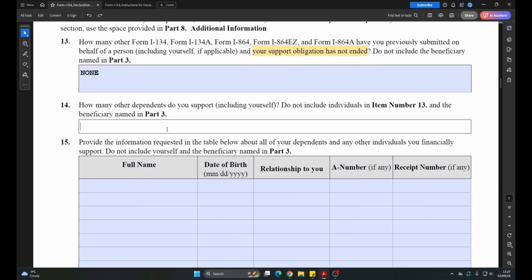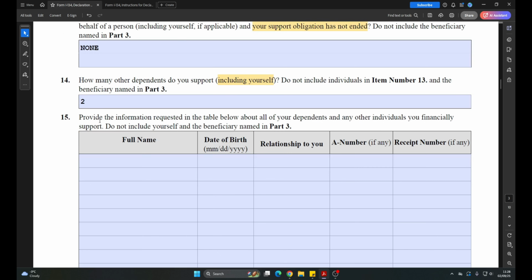So this number here will be at least 1 because you have to include yourself, but do not include here anybody from this question that we already counted, if any, and do not count the beneficiary for whom you're filling out this current form. So in our case, let's say for example, John will count himself, and maybe John also has a child. So we'll just type in 2.